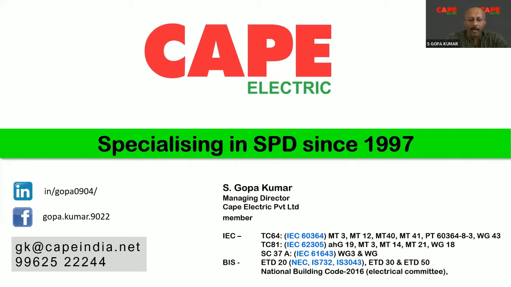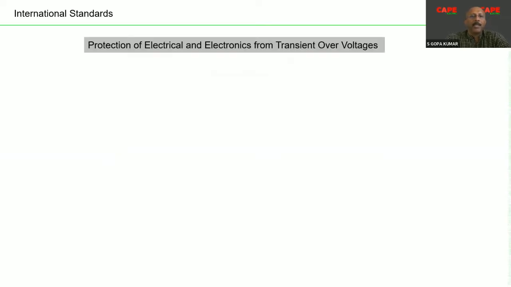So it's very critical to select the SPD. As I said, in comparison to our other programs, this subject will be a little bit tough to understand because it's a different kind of subject. Now let me start the presentation.